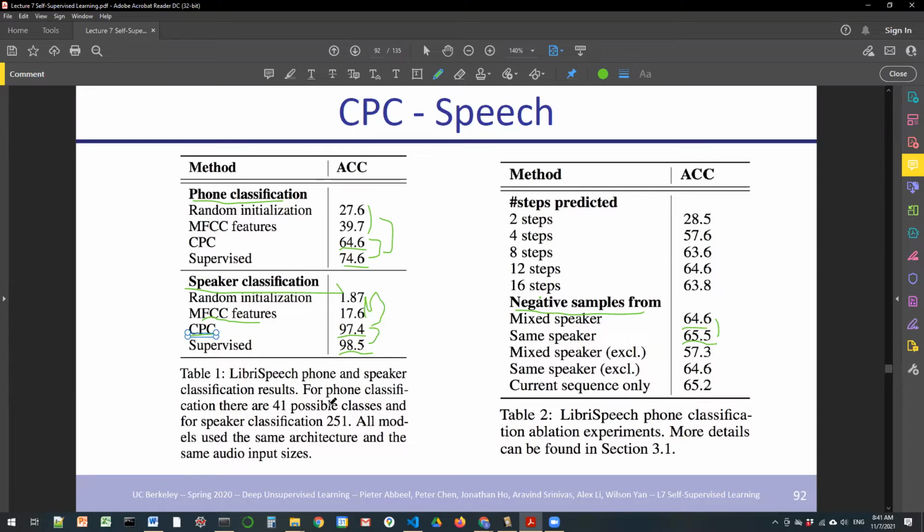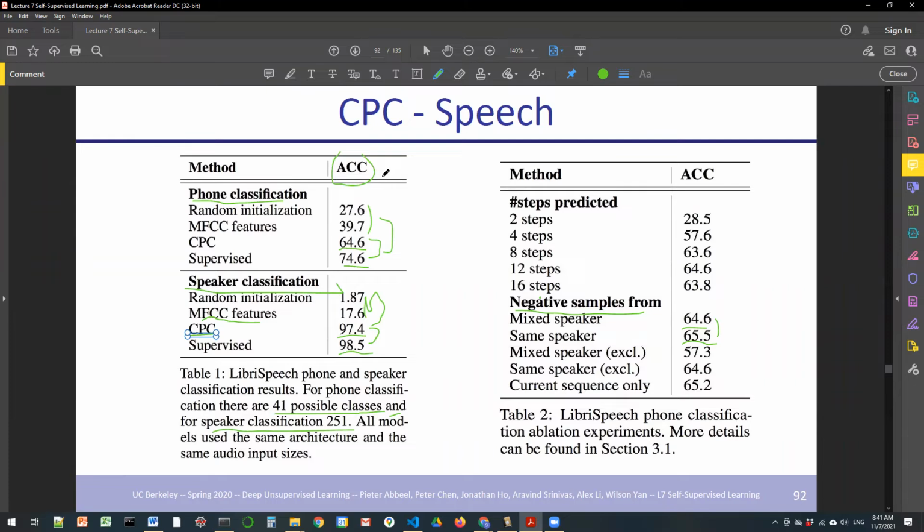Okay, and how do you classify? You classify for phonemes. You say, I want you to tell me one of 41 possible classes as the positive class, and 40 of the 41 are therefore the negative classes. And when it comes to speaker classification, you do the classification of one of 251. So that's what accuracy means.